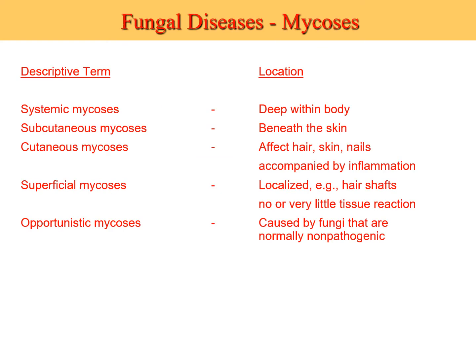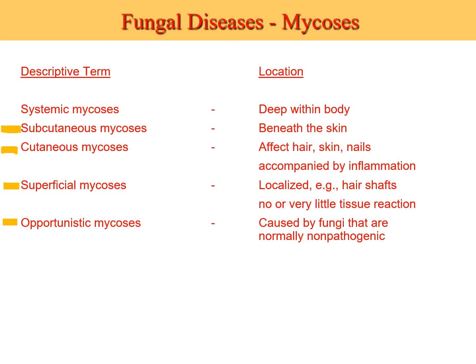The 5 different types of mycoses are as follows, and I told you it is determined by location. Systemic mycoses are throughout the body of the infected person.